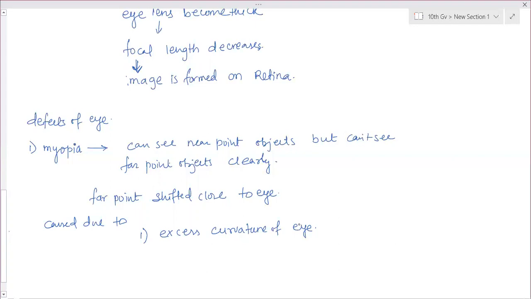Excessive curvature means the focal length has decreased due to improper relaxation of ciliary muscles.